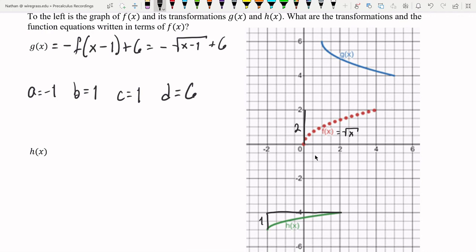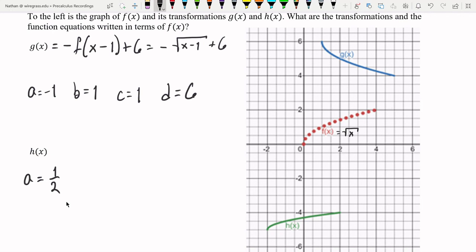That's the same idea as being compressed by a factor of 2. Either way you think of it, that means A must be 1/2. It's not been flipped horizontally or vertically, so A would be positive, and it has to be 1/2 the height. Since A between 0 and 1 is a compression, that's why it's 1/2.